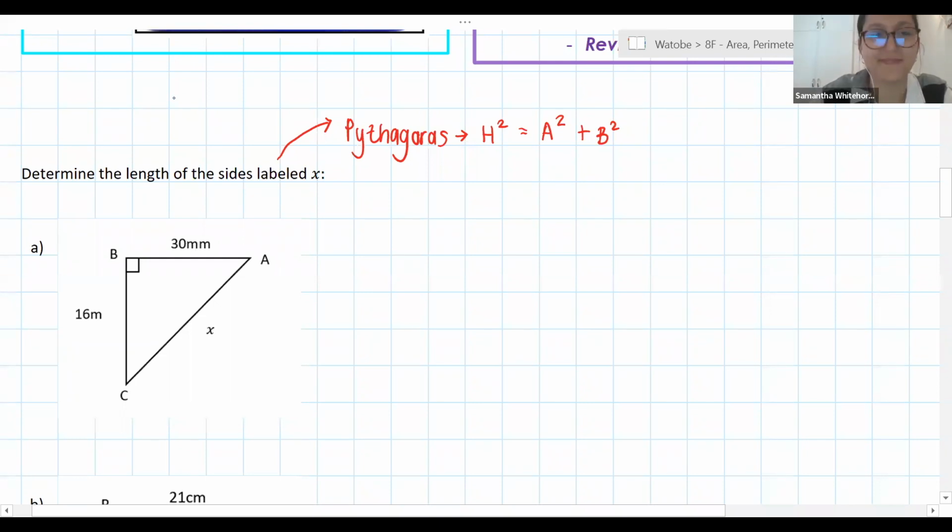Okay, ma'am, since we don't know the hypotenuse, we would have to square the numbers, for 16 and 30. Good. So we've got the hypotenuse squared is equal to 16 squared plus 30 squared. Yes, ma'am.